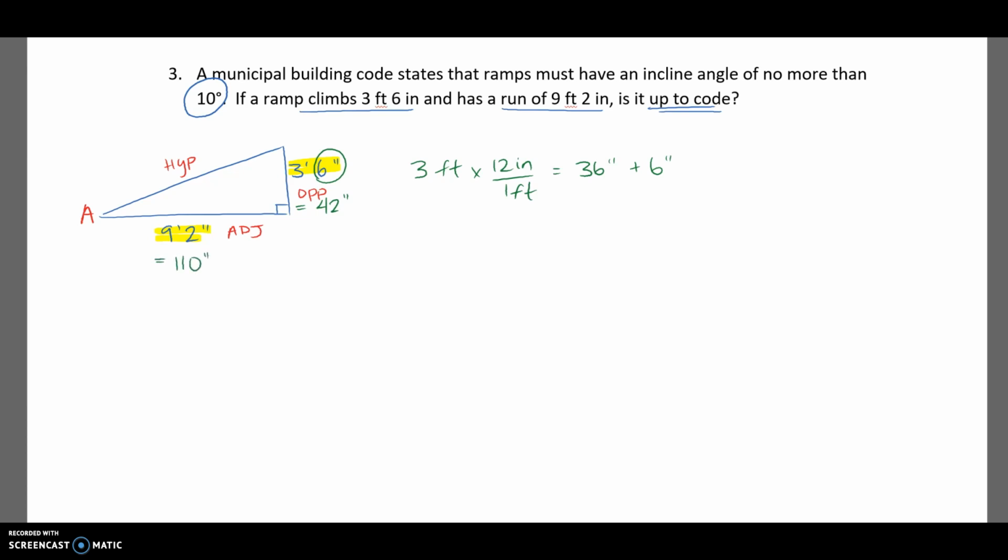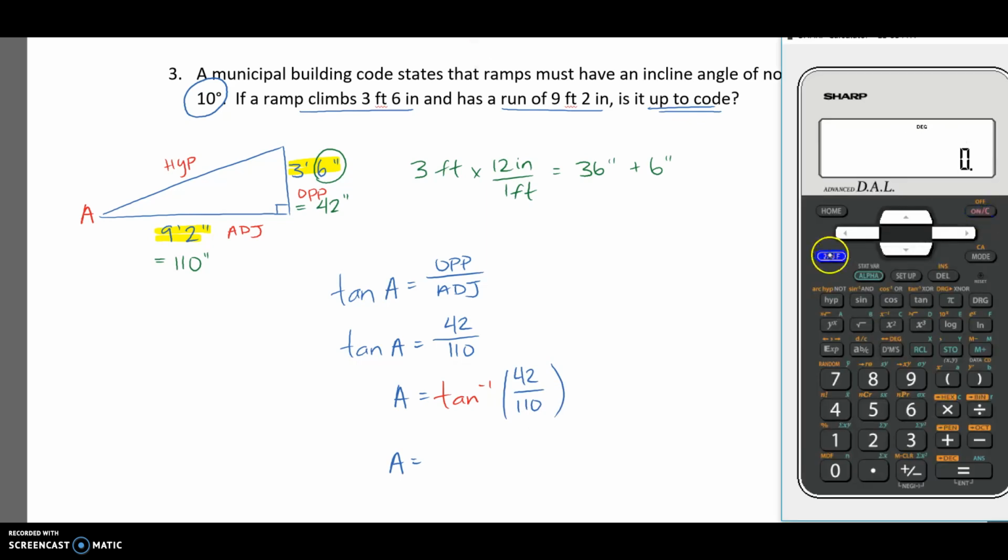Now that we've sorted out our units, we can figure out our angle. The tan of angle A is equal to the opposite side over the adjacent side. So tan of angle A is equal to 42 inches over 110 inches. To get the angle by itself, we move the tan over using the inverse function of tan times 42 over 110, and then we can go to our calculator.